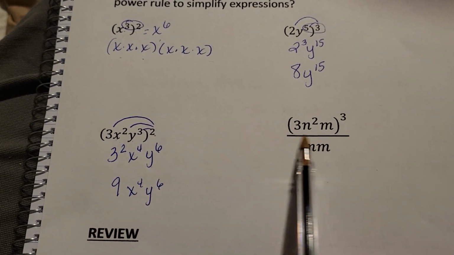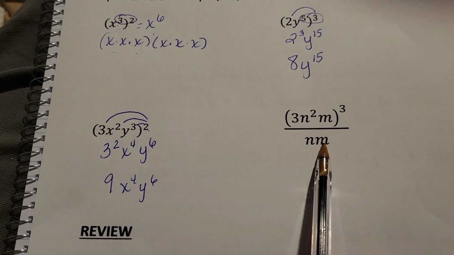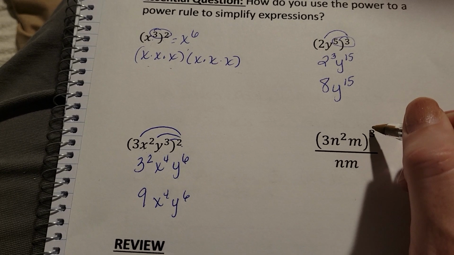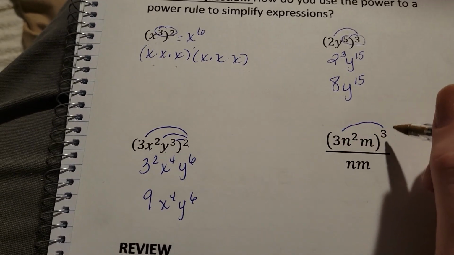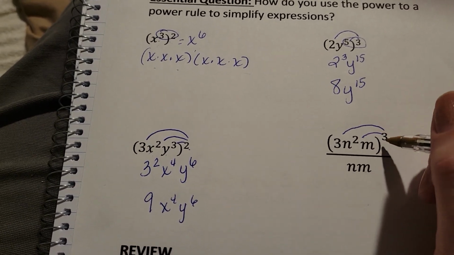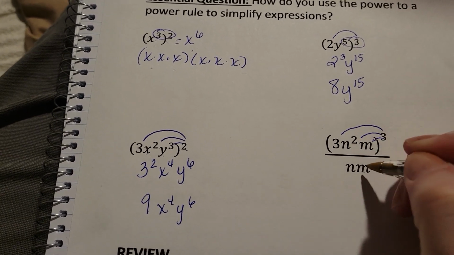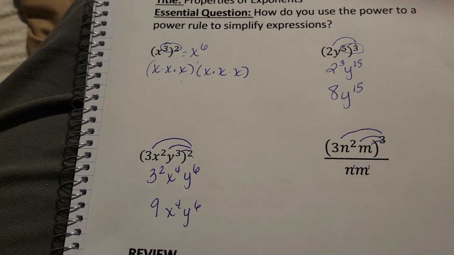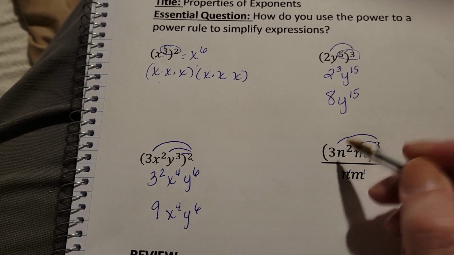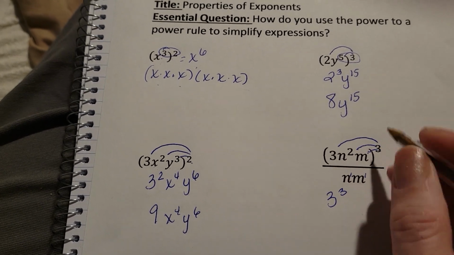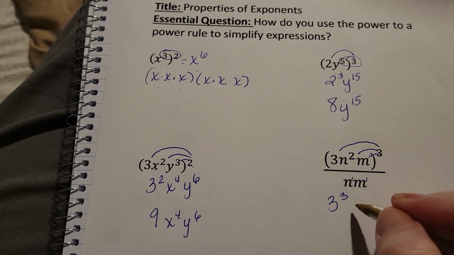All right, so now I'm going to do that same thing here, but then I'm going to also employ the quotient rule. So 3 to the third power, n squared to the third power, and then m to the third power. And remember, there's always an invisible 1 anywhere where we don't see an exponent. So 3 to the third power, n squared to the third power, 2 times 3 is 6.